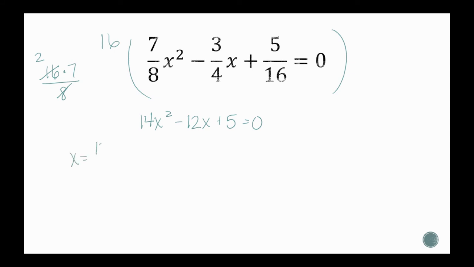So x equals the opposite of b plus or minus the square root of b squared minus 4 times a times c, over 2 times a. Now, let me be clear with you. I am showing you how to plug everything in, okay?